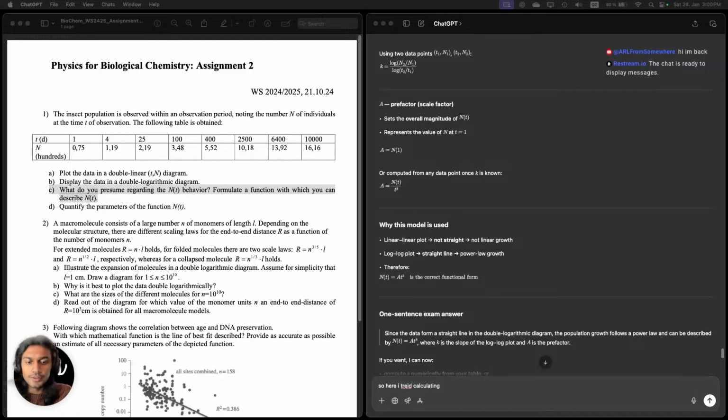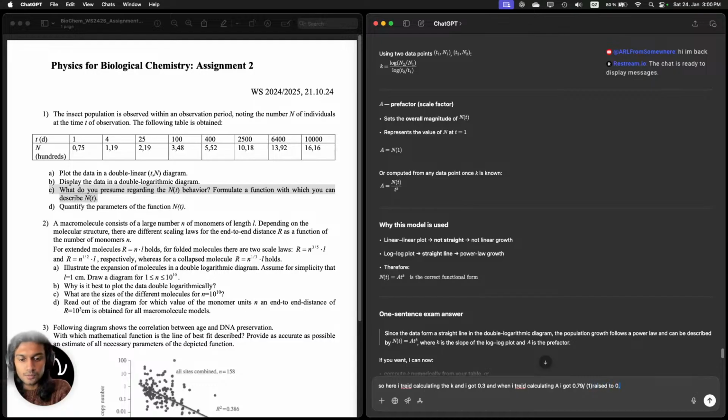So, I was doing this, and when I tried calculating A, I got 0.79 raised to 0.3.